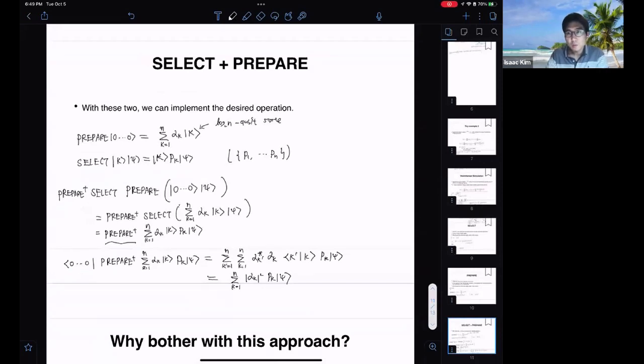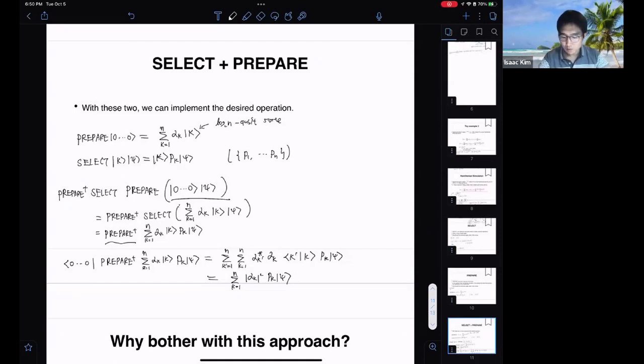So physically, what this means is the following. You begin with this state, all zero state, tensor product the state that you're trying to simulate. And then you apply this prepare, select, and prepare dagger operation. And then you measure this extra register in, let's say, a basis that includes the all zero state.